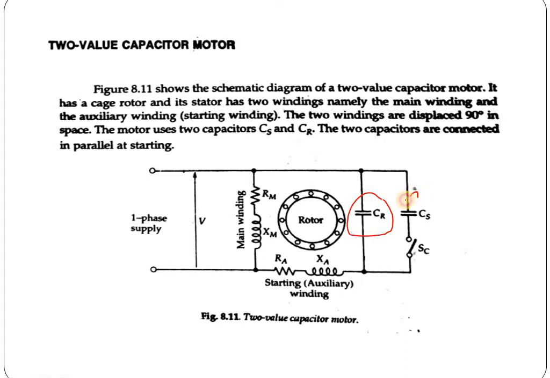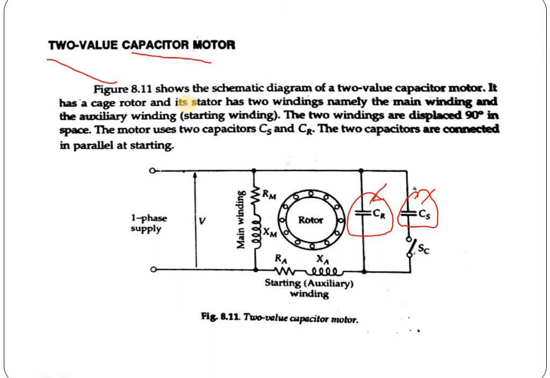That means it acts like two values, with two capacitors present here. In the figure we can see the two-value capacitor motor, where one capacitor is connected for running purpose and another for starting purpose.